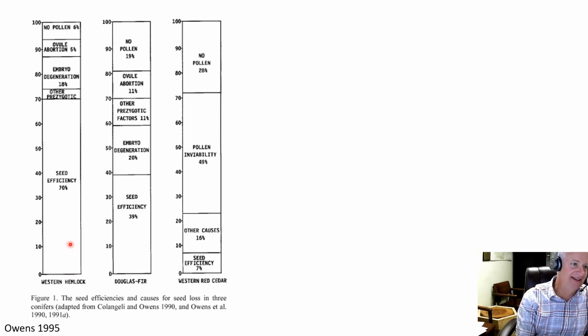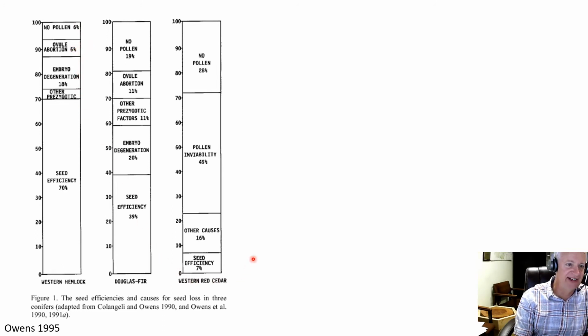So, in this particular year, 70% of the seed produced by western hemlock were viable, and the other 30% weren't viable for various reasons. Pollen, they weren't pollinated, the ovule aborted, and so on.